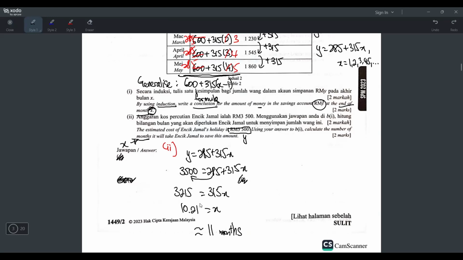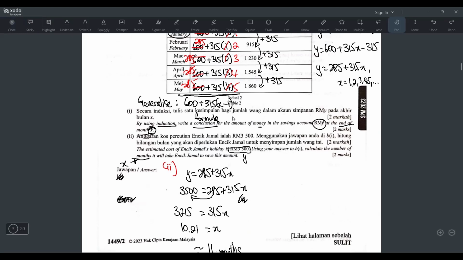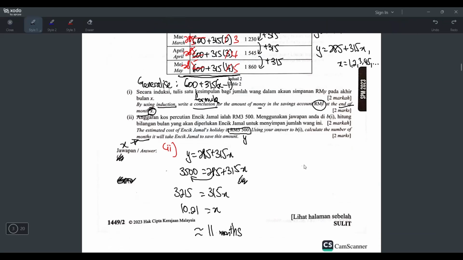Because if your answer comes out 10.21, it means at the end of the 10th month, your savings still haven't reached 3,500.